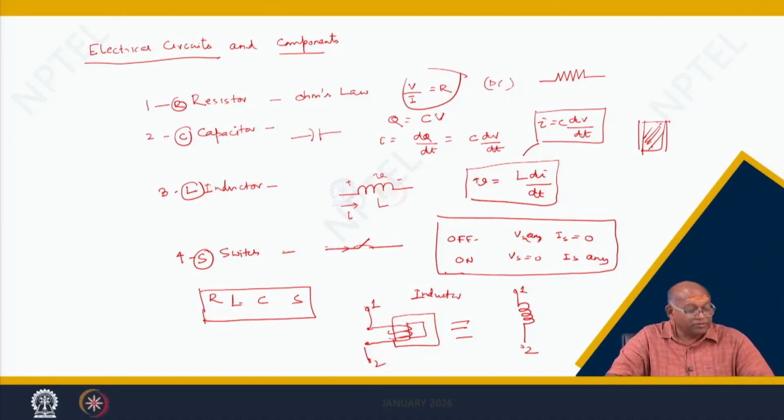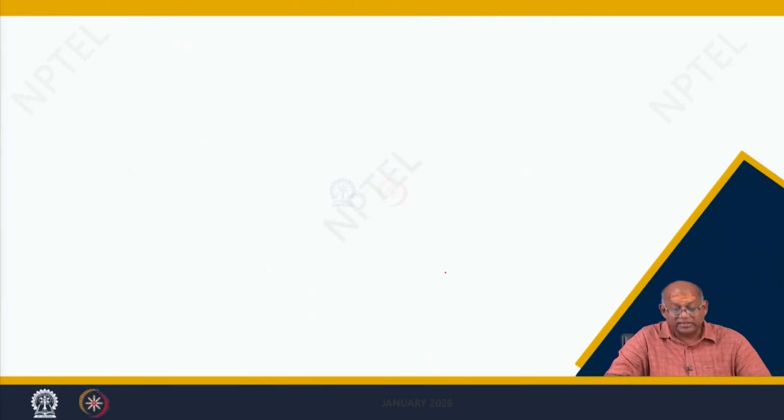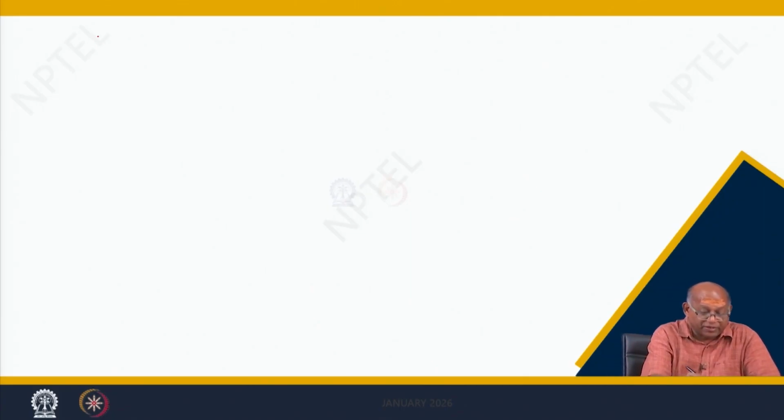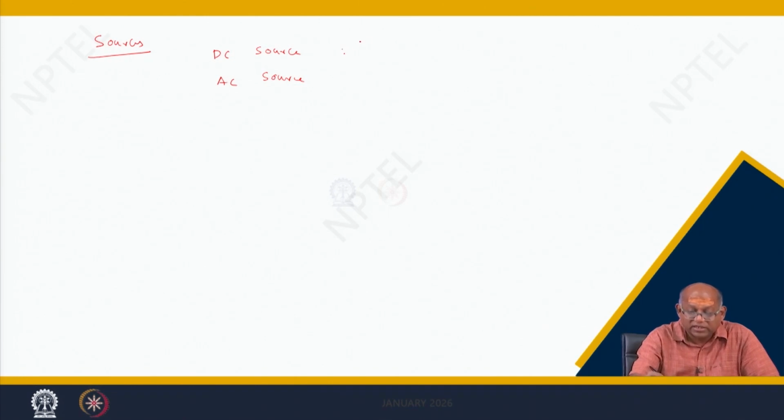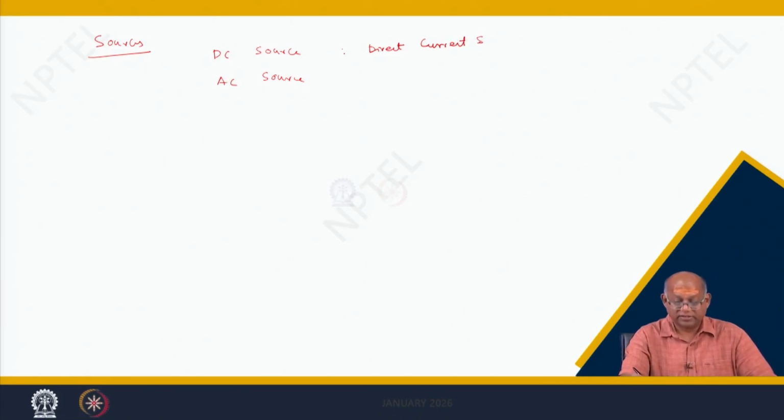Then the next concept which I will tell you is known as AC and DC. There are 2 types of sources: DC source and AC source. This is known as direct current source, and this is known as alternating current source.